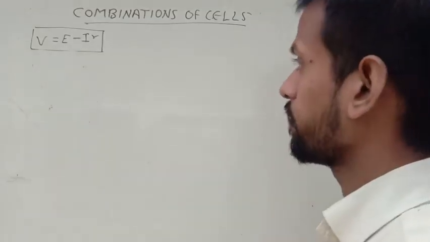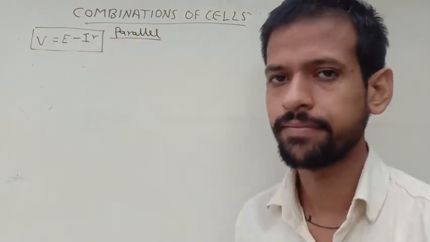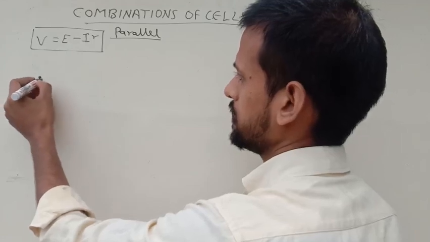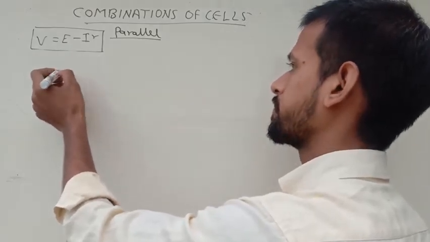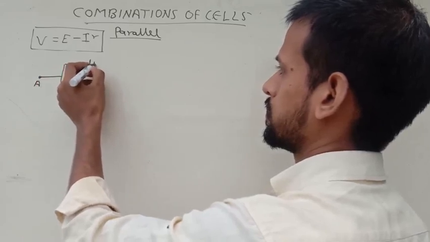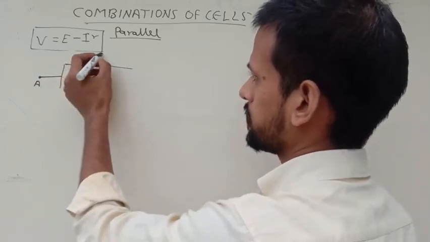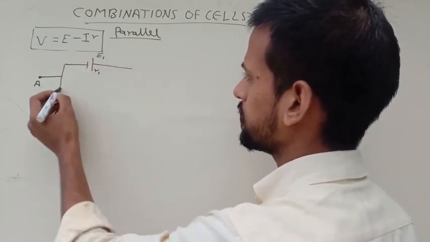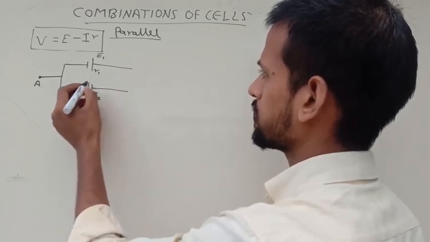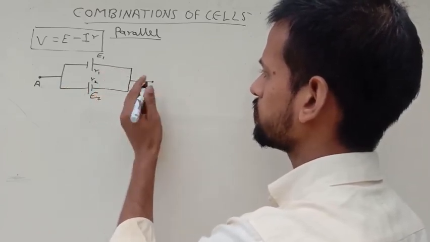So now, parallel combination. Let there be two cells between points A and B, one with EMF E1 and internal resistance R1, and the other with EMF E2 and internal resistance R2.